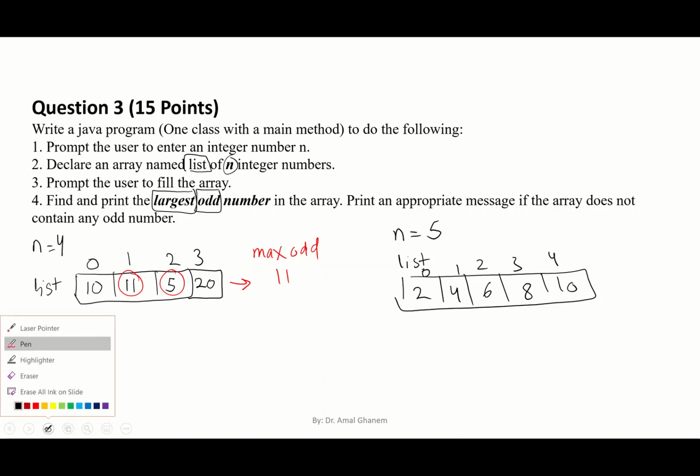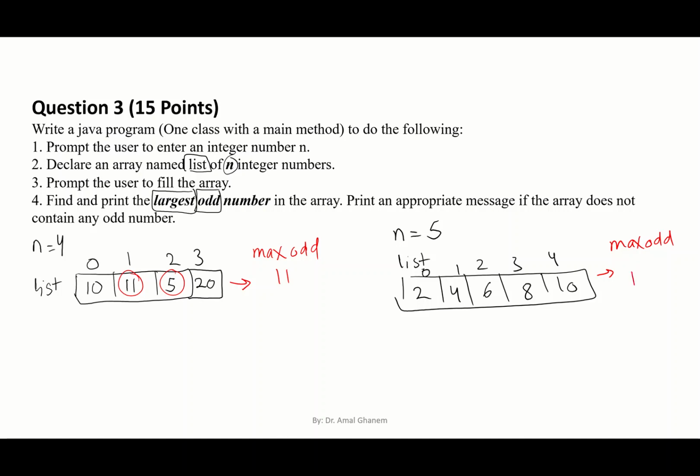Now we search for the maximum odd number, and we can see that none of these numbers is odd. So in this case, the message will say that we don't have any odd number. We will say none, or that this array doesn't include any odd number.